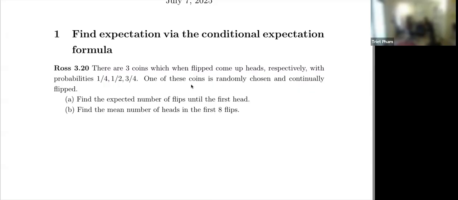All right, any suggestion on how we solve this problem?